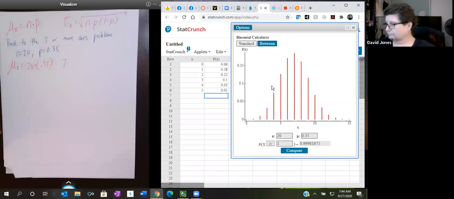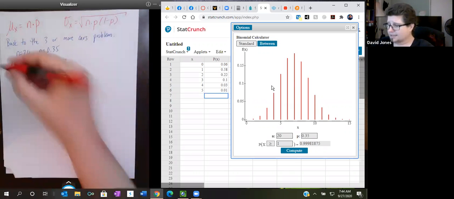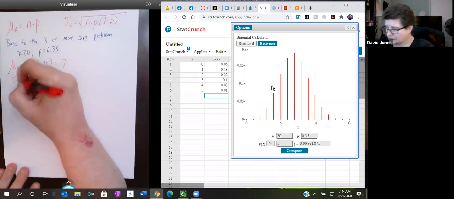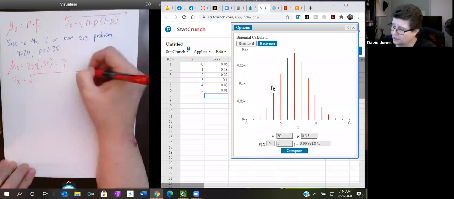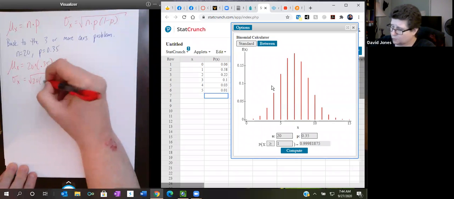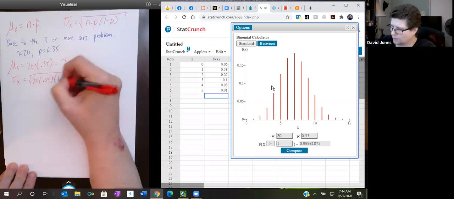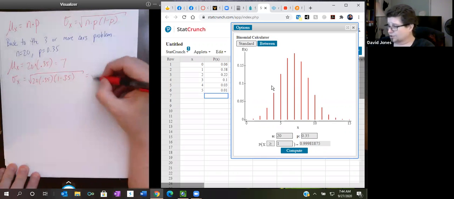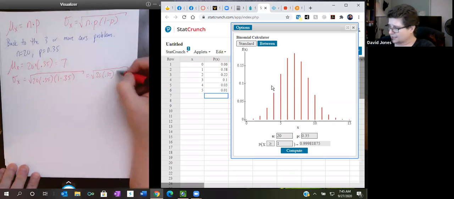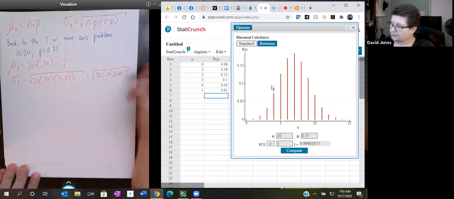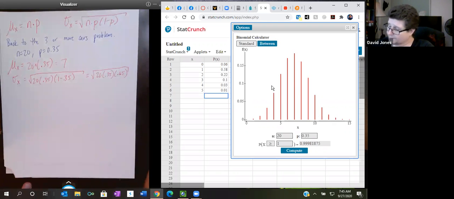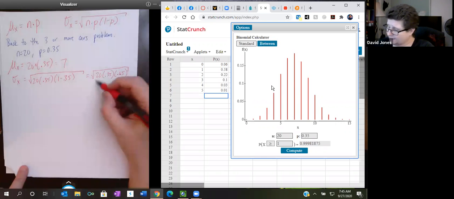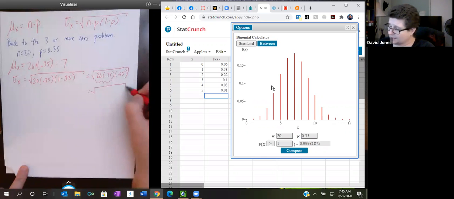Yep. And standard deviation is the square root of 20 times 0.35 times 1 minus 0.35, which is the square root of 20 times 0.35 times 0.65. And I know that part's 7. This is the square root of 7 times 0.65.